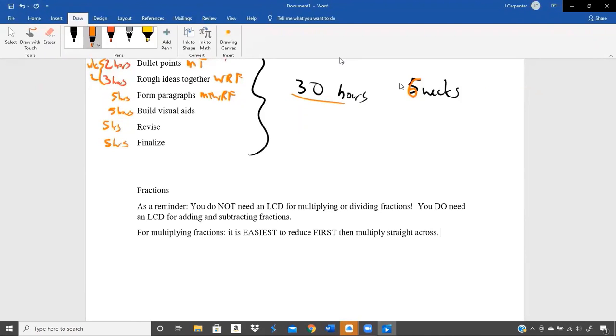You can multiply then reduce, but it's easier if you reduce first. When we're dividing fractions, we'll multiply, change multiplication. Flip the fraction, which means to take the reciprocal, after the division.